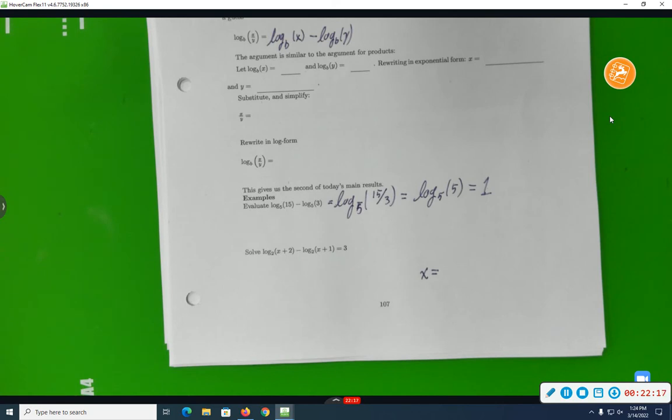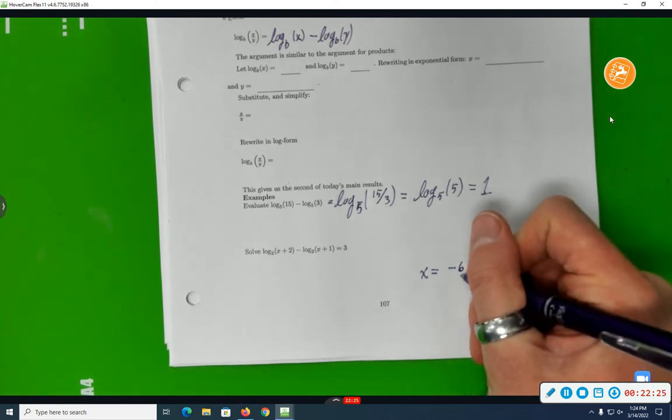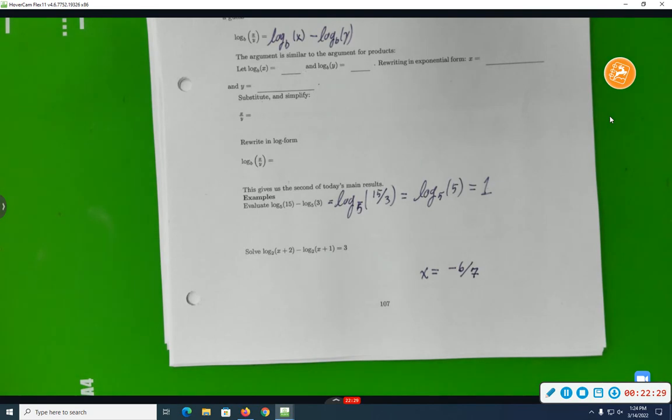Cool. What are we getting? I got negative 6/7. All right. Does that agree? People want me to talk to it?